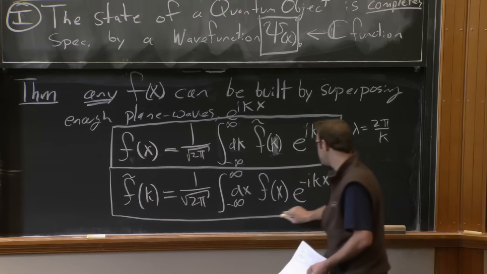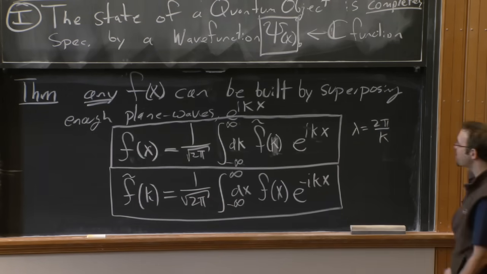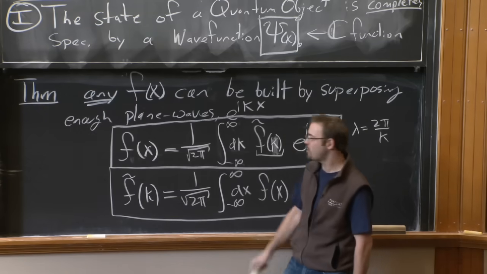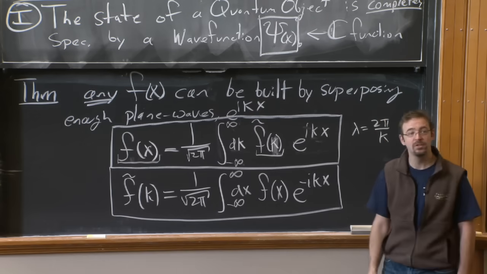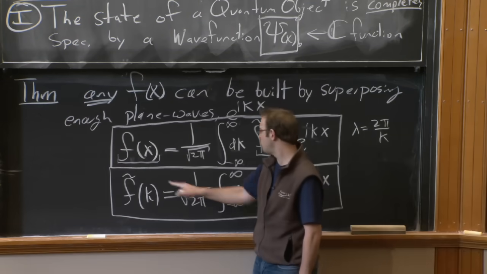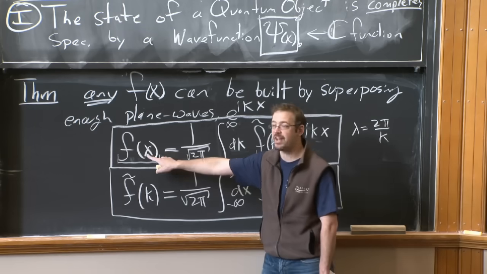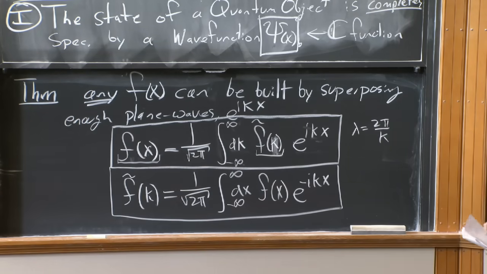Okay, and that's sometimes referred to as the inverse Fourier transform. Okay, and here's something absolutely essential. F tilde of k, the Fourier transform coefficients of f of x, are completely equivalent. If you know f of x, you can determine f tilde of k. And if you know f tilde of k, you can determine f of x by just doing a sum, by just adding them up. Okay?